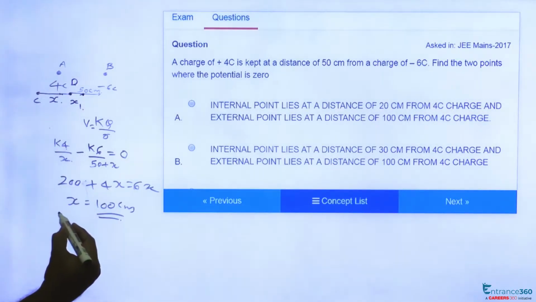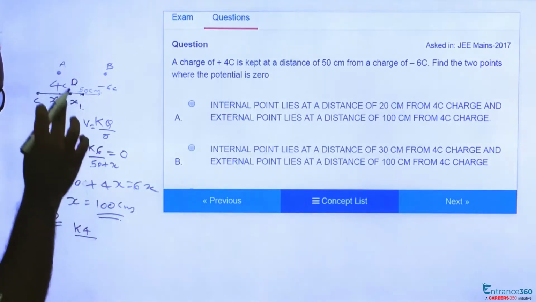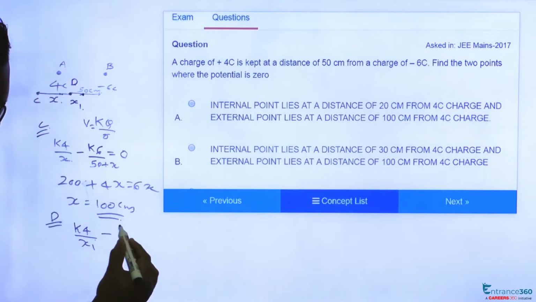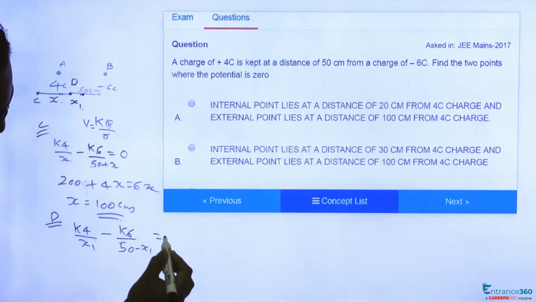Now consider at point D. The potential will be K into 4 by x1, this distance is x1, minus K into 6 by 50 minus x1, equal to 0.